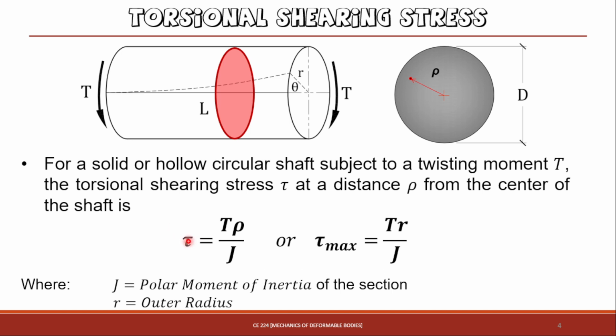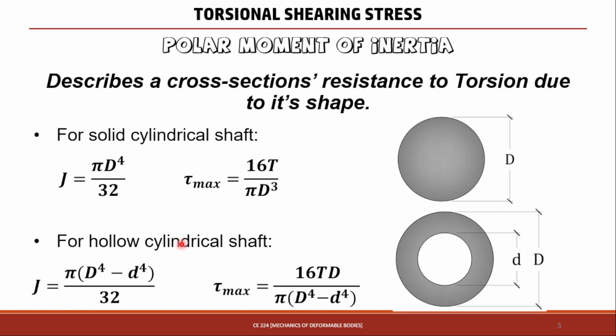In other words, when our polar moment of inertia is large, our resistance to twisting is large, and our shear stress is limited or reduced. When our polar moment of inertia is small, meaning our resistance to twisting is small, our shearing stress is maximized or grows larger and larger. Okay? So, that is the torsional shearing stress.